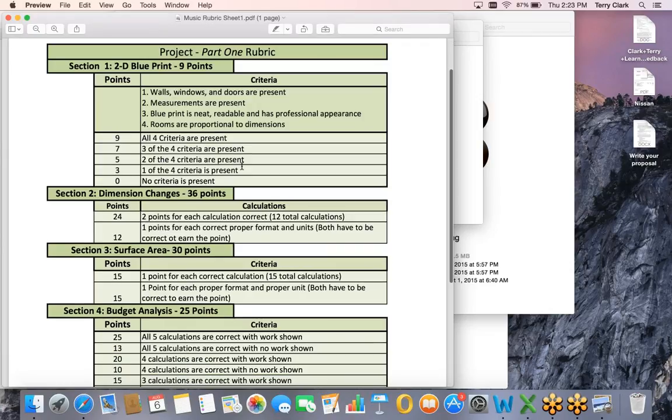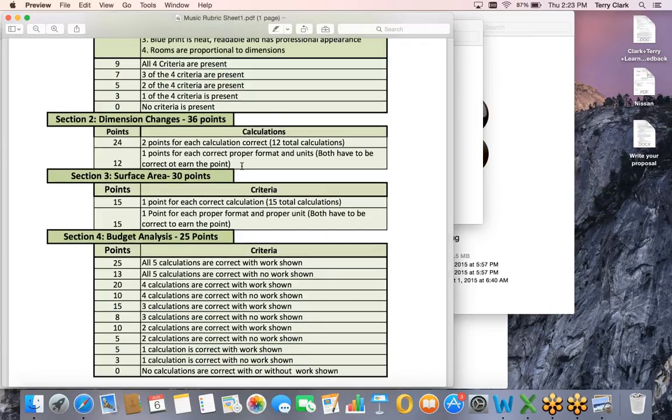And the last section is going to be budget analysis, and we'll see all that on the worksheet. It's going to lay out how many points you'll earn for showing your work and not showing your work, versus getting the problems correct. So even if you don't get the problem correct, you want to show your work, because you'll earn half of the points just by showing your work, as long as your work is correct.